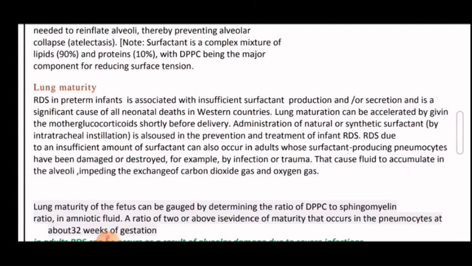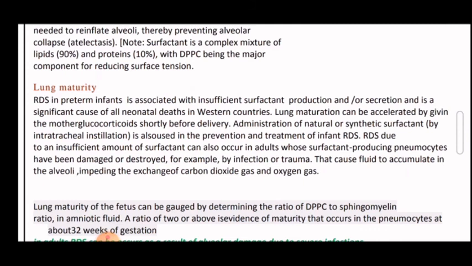Respiratory distress syndrome in infants is associated with insufficient surfactant production or secretion, so that there is not enough. Their lungs are said to be immature, and their lung maturation may be accelerated by giving the mother glucocorticoids during pregnancy and shortly before delivery.